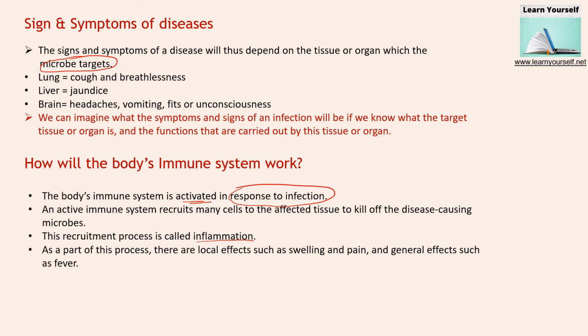As a part of this process, there are local effects such as swelling and pain, and general effects such as fever. So that is how our body's immune system works once it gets to know that some infectious microbes have already entered the body.